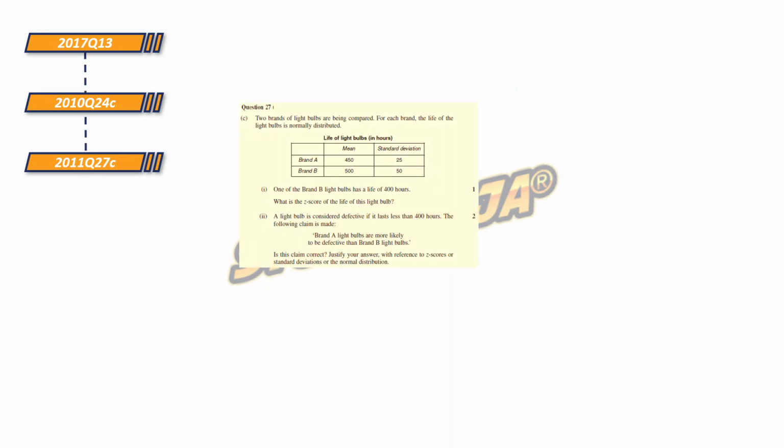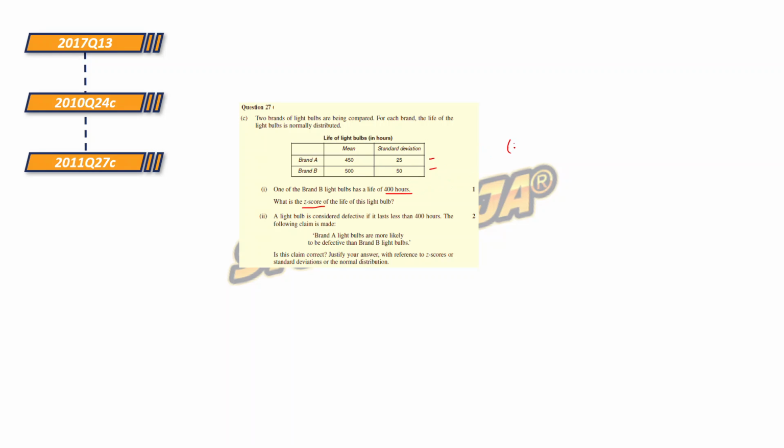Then 2011 question 27C. You're given the mean and standard deviation of two brands of bulbs. You're told that brand B light bulbs have a life of 400 hours, and you're asked to calculate the z-score. Again, straightforward formula.